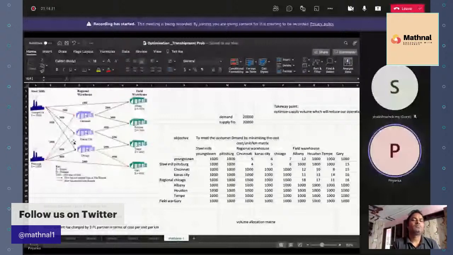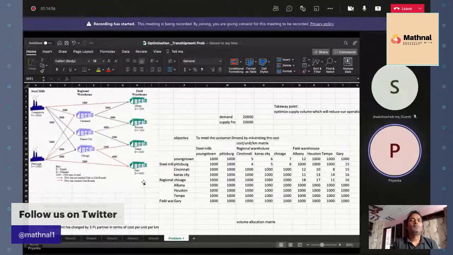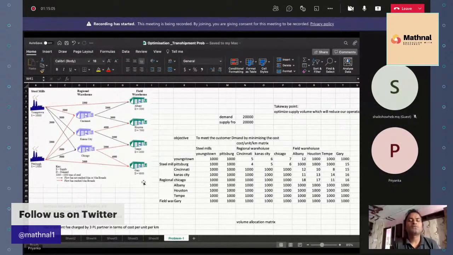Now, what is the total demand from the field warehouses? 3,000 plus 7,000, 10,000, 10,000 plus 4,000, 14,000, 14,000 plus 6,000 for the last one, Gary, is 20,000 total.